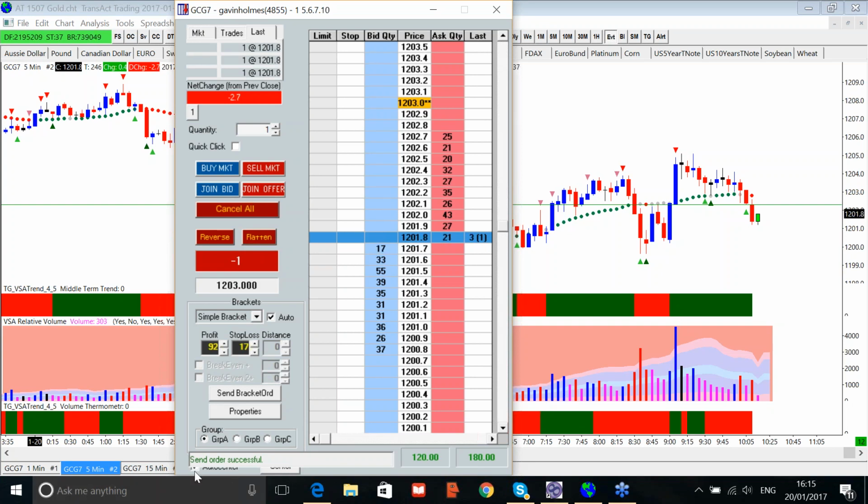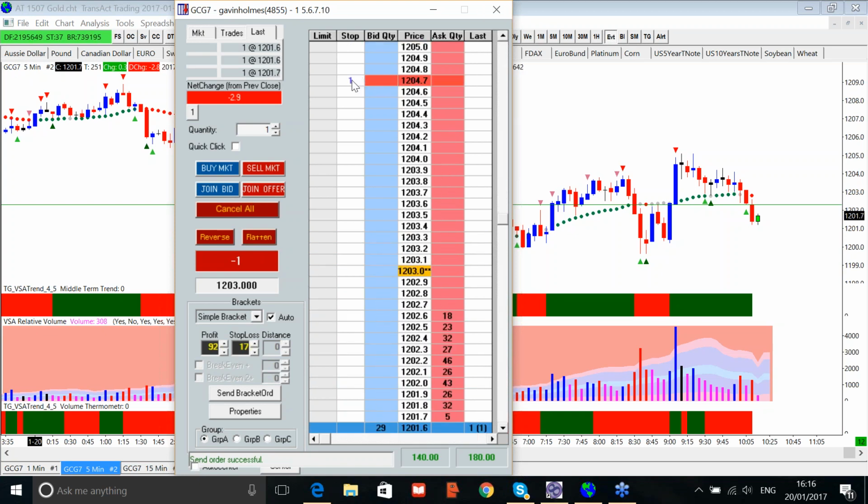So again, very simple procedure. Remove the auto center, come up, stop, which was up at 1204, goes to break even. Now again, that's just a simple strategy which takes the hassle and the stress out of the trade. So I'm not stressed. There's no stress to be had, because everything's telling me that the trigger number's been broken.